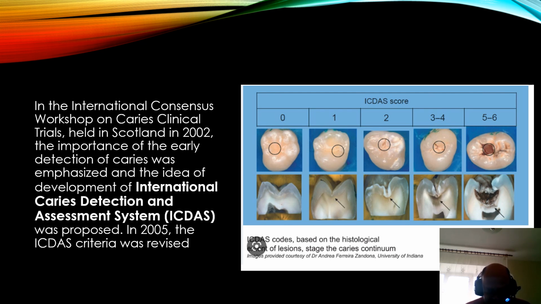And in 2005, the ICDAS criteria were revised. It is a picture from the ICDAS Foundation website.